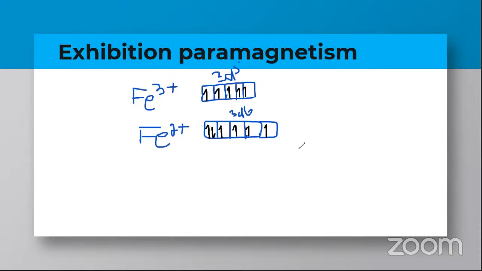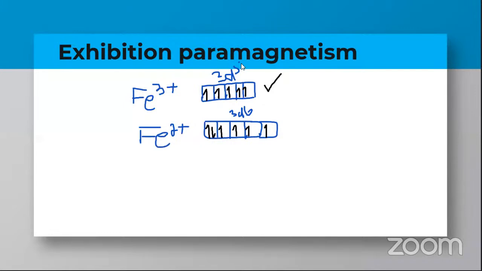The one which has the most unpaired electrons is more paramagnetic. In this case, iron 3 is more paramagnetic than iron 2. So we go with iron 3. Yes, that's all I know about paramagnetism. Okay, thank you so much. I think I have nothing to add there.